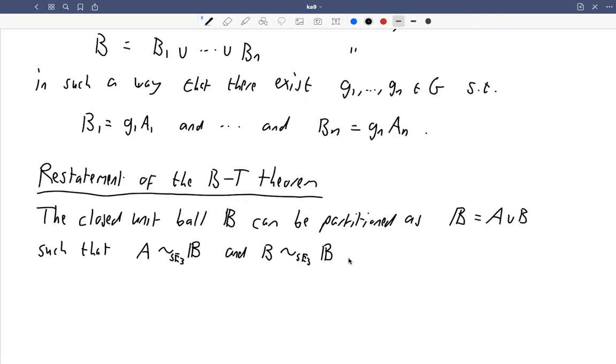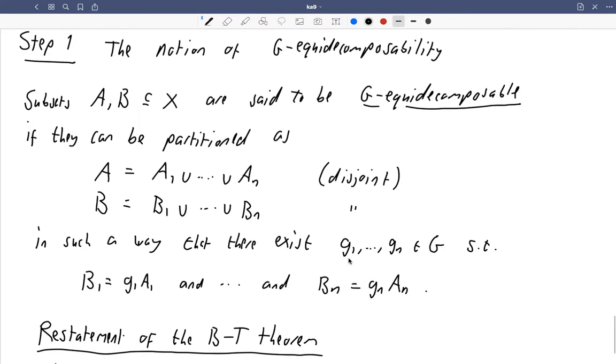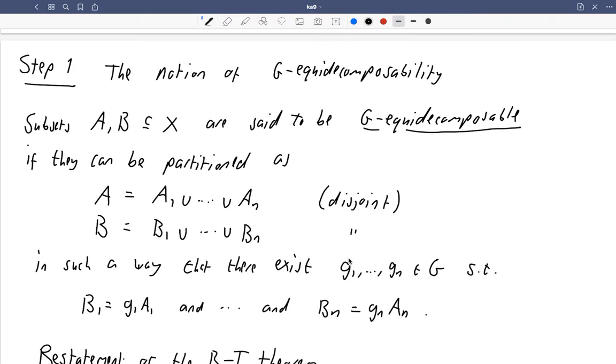Let's just check that that corresponds to the original theorem, but as we go back, I should introduce the notation which I meant to put in. So if A and B are G-equidecomposable, then we write A is twiddle equivalent under the group G to B. That's our notation for that notion.